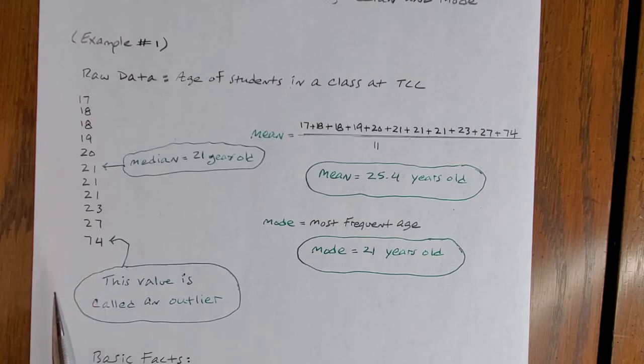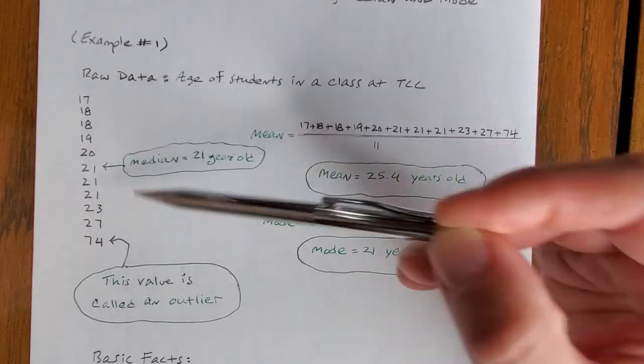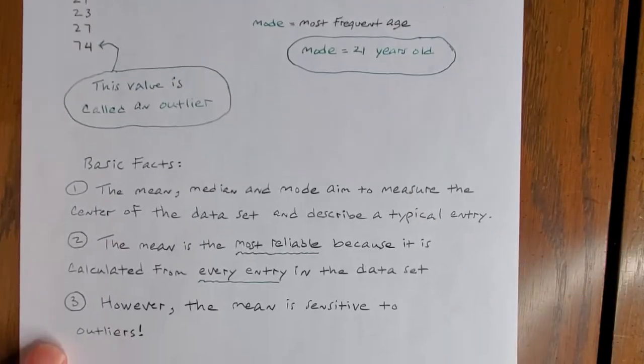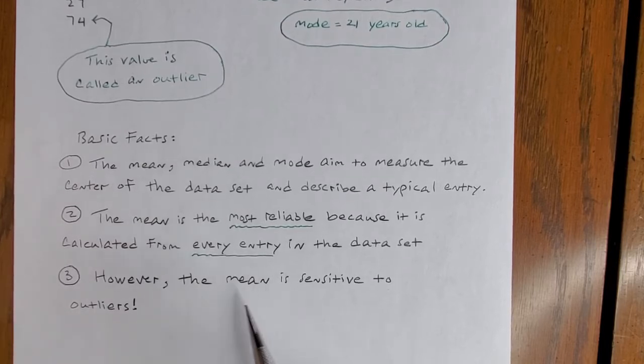As far as his age with respect to the other students, that was an outlier. It was further away than all the other data entries. So the mean can get skewed pretty far away from outliers. It's very sensitive to outliers. Outliers can make the mean not do what we want it to do as far as representing a typical data entry.